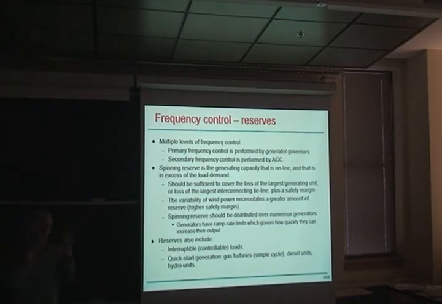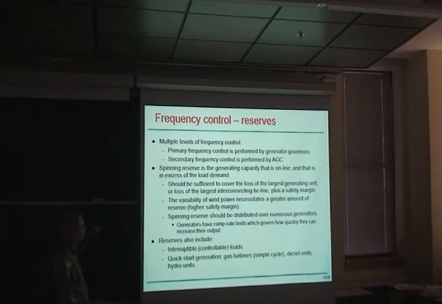If a large event occurs, like a major generator trips out of service, or as happened in Texas a couple of years back, a front moves through and you lose a significant amount of wind generation, then you need to take account of that in what's called spinning reserve.